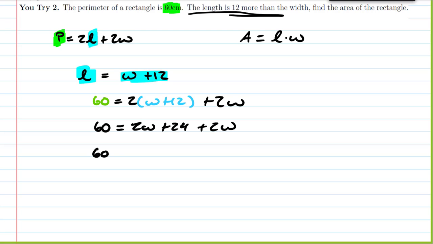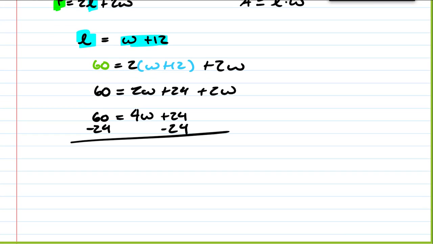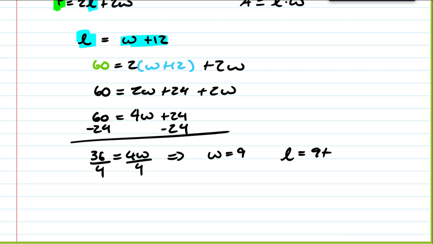Collect our like terms, so 4W plus 24. So we minus 24 on both sides, and that gives us 36 equals 4W. Divide by 4, and we get W is equal to 9. Well, if W is equal to 9, then L is 9 plus 12, so it is 21.